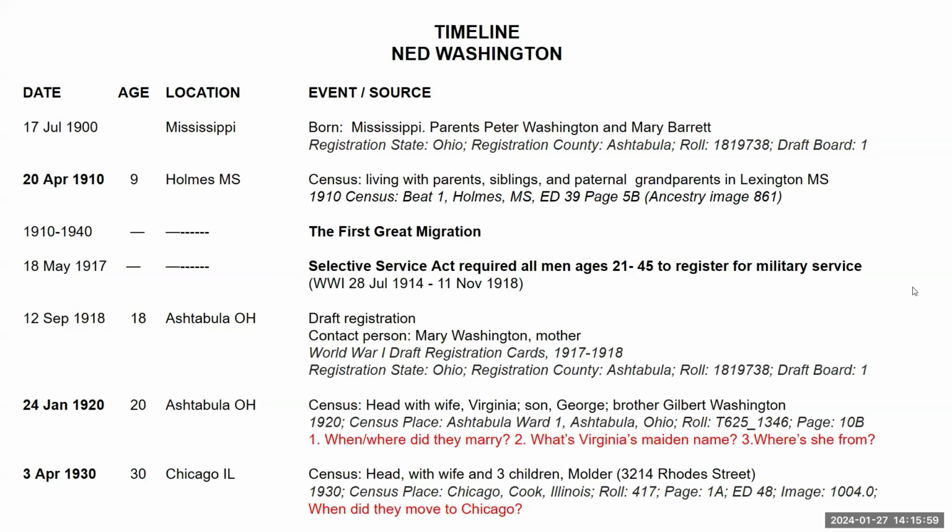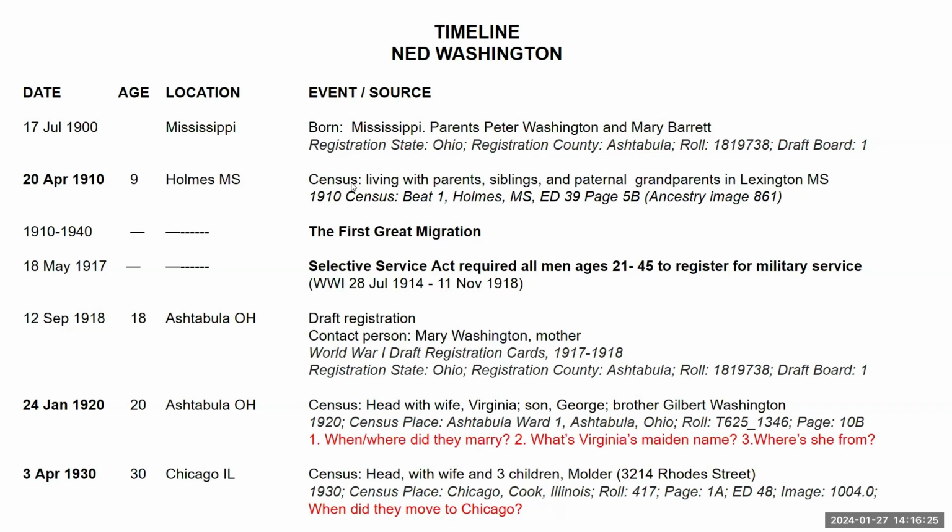I did this one as a Word document, and the fields included are the date, age, location, event, and source. Now, right away, his birthday is July 17th, 1900. And I got this from his draft registration in Ashtabula, Ohio.